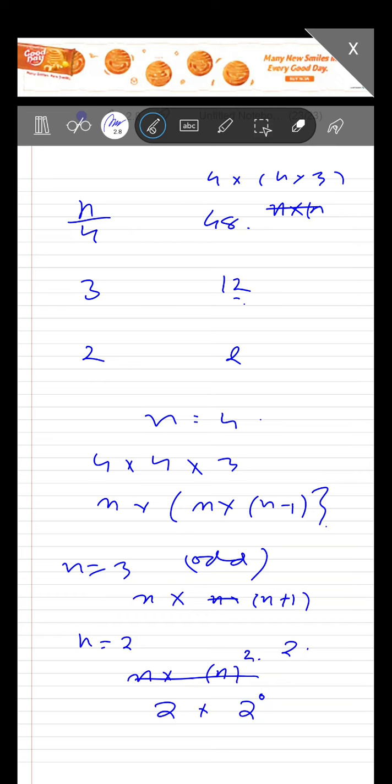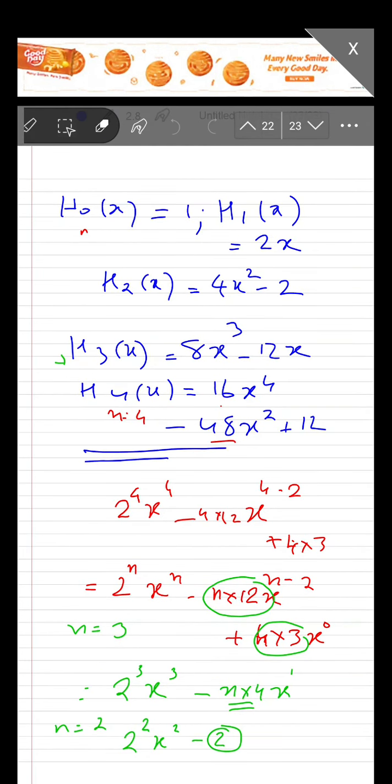Somehow it's not working out. We need to work it out. So I keep it as an assignment for all of you to find the generalized expression for these values.